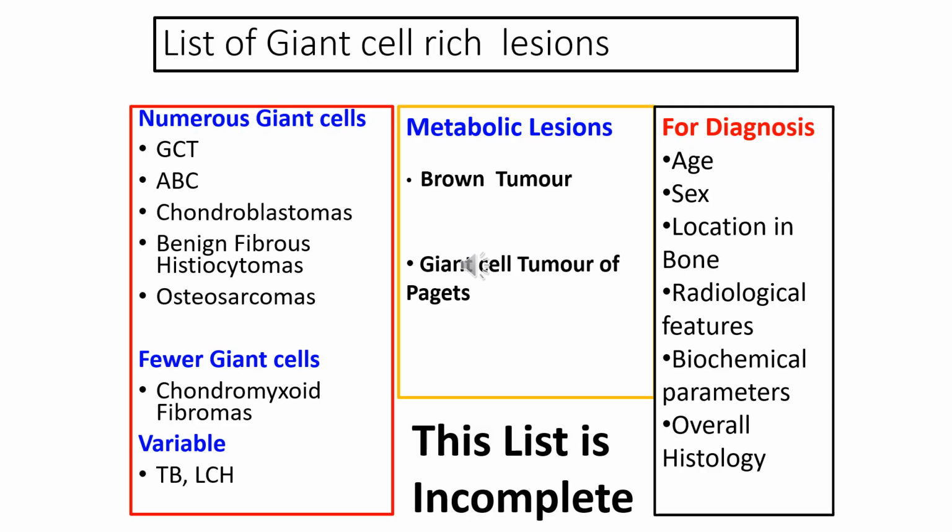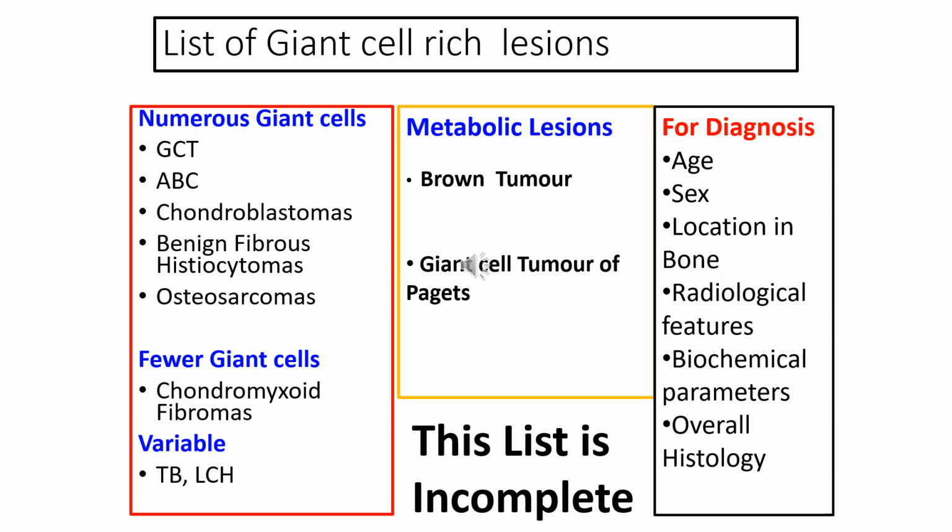The list of lesions with giant cells is shown in this slide, and the list is incomplete. But just to run through all the names, numerous giant cells are seen in giant cell tumor, ABC, chondroblastoma, benign fibrous histiocytoma, and of course giant cell rich osteosarcomas.